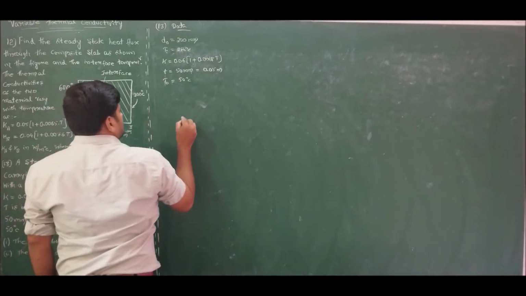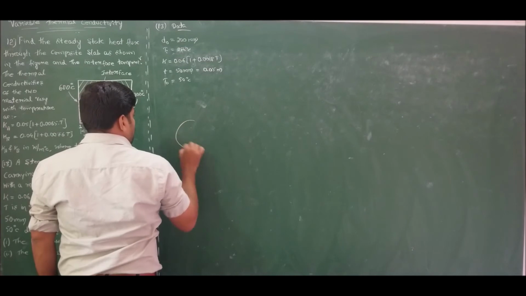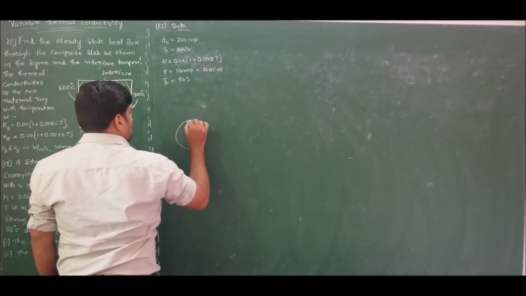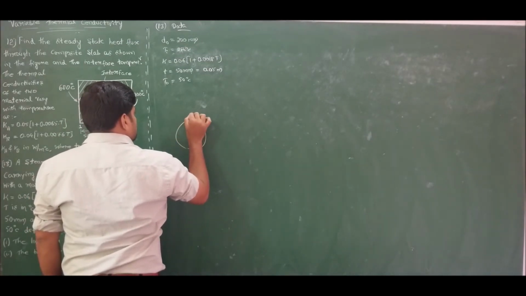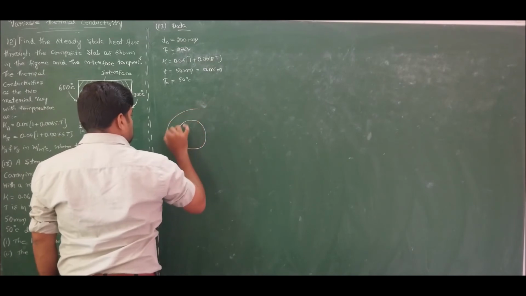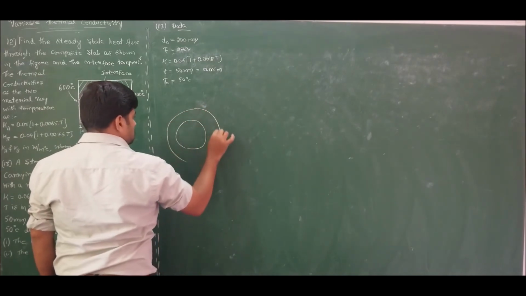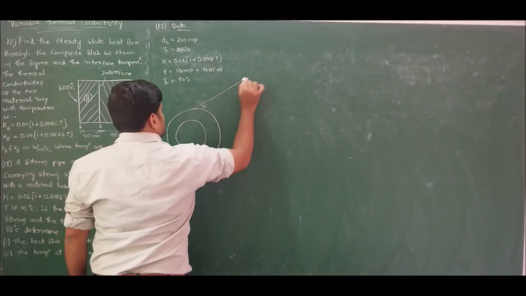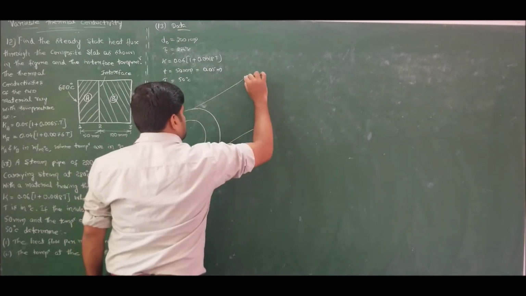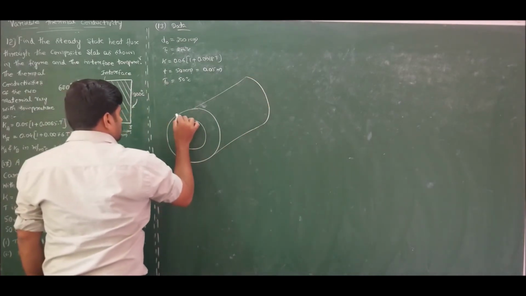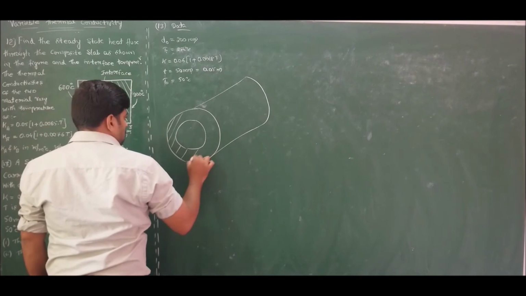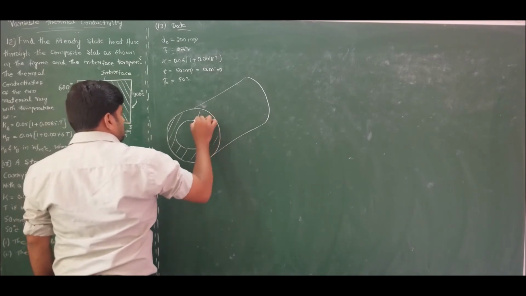Now the problem is like this: we have a cylinder which is insulated for 50 millimeters, like this, which is carrying a pipe.